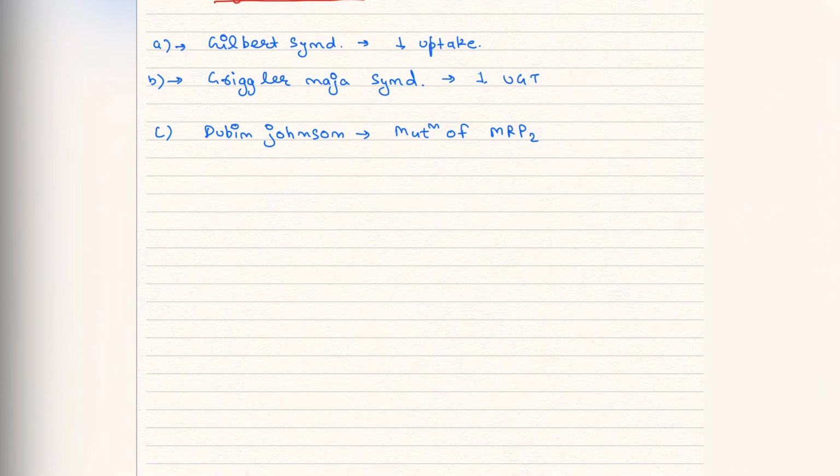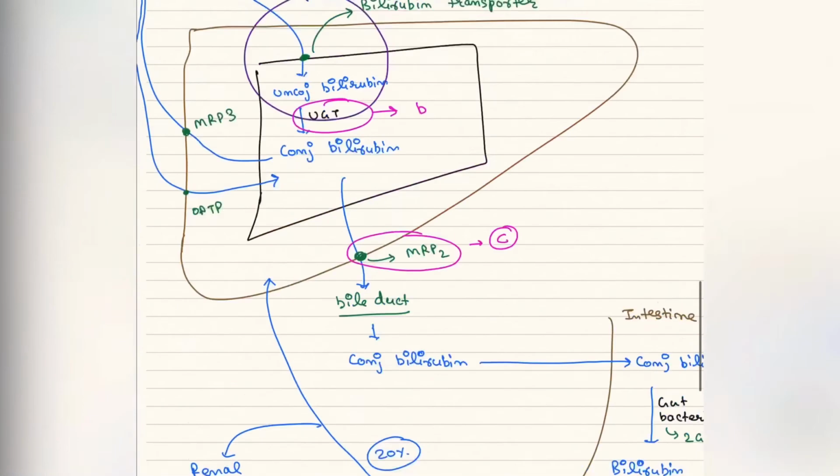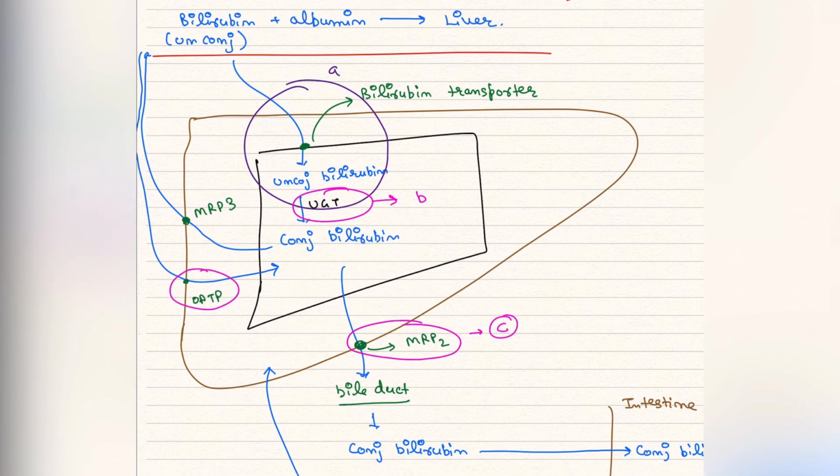Now the fourth one is Rotor syndrome. In Rotor syndrome there is a mutation of OATP, organic anion transport protein. If there is a mutation of this, it can lead to Rotor syndrome.